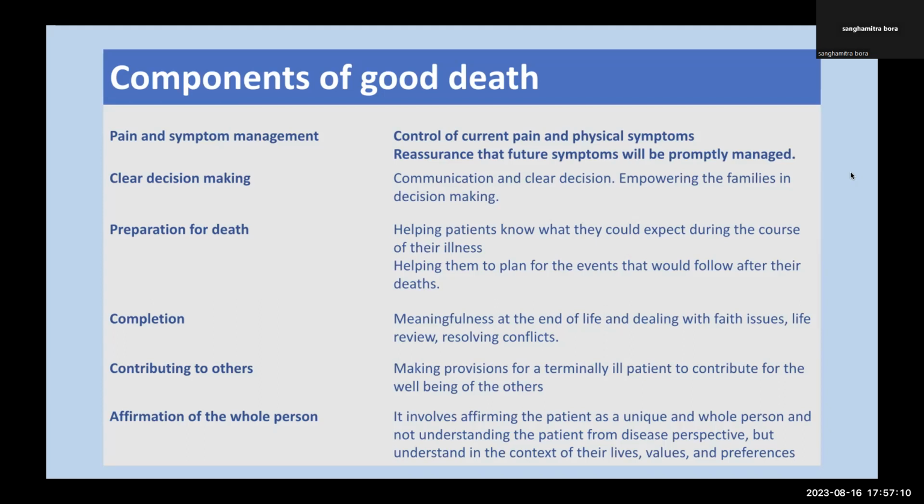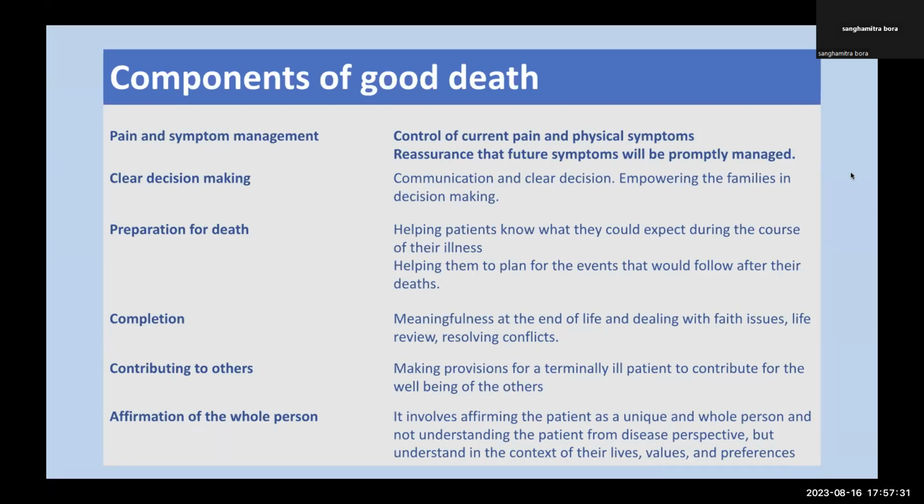He has already told us where to do what. And he wants to donate his body to the medical college and so many other things. So we need to facilitate that also when we think about a good death for a patient.